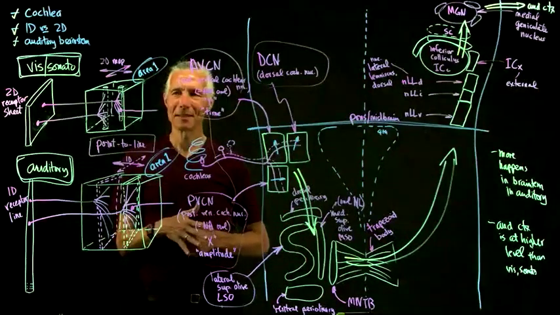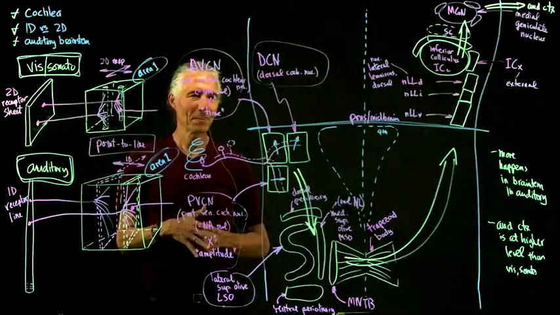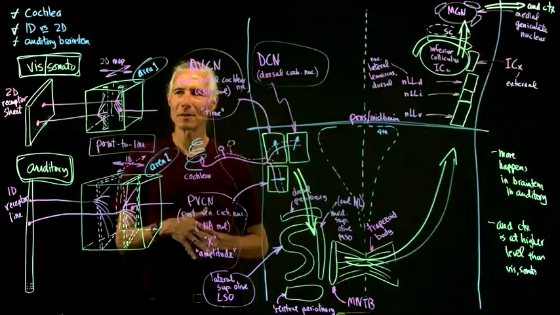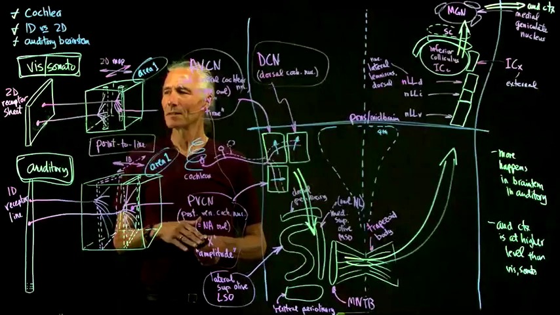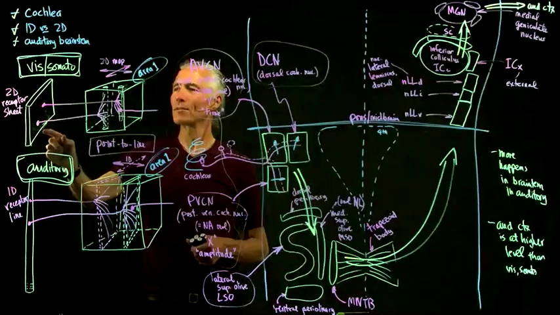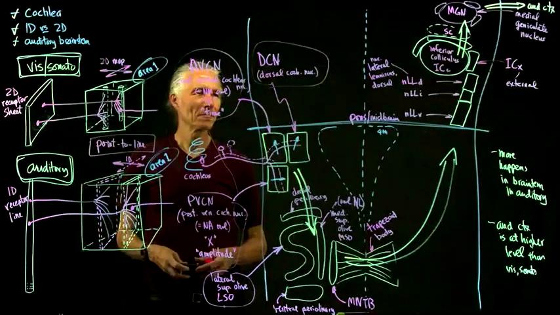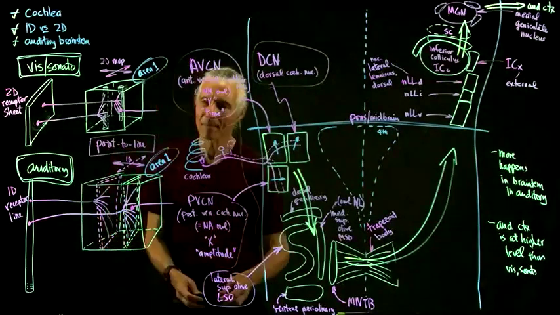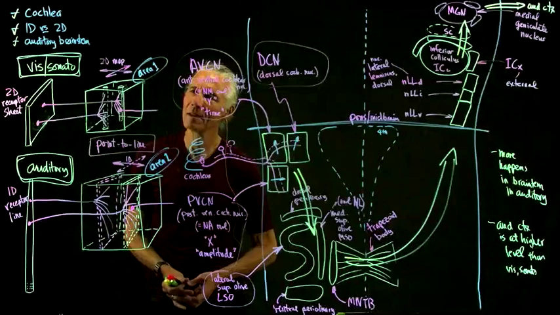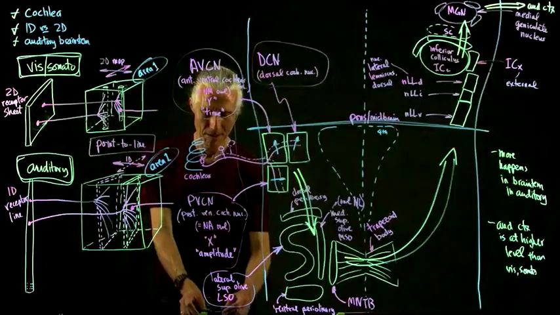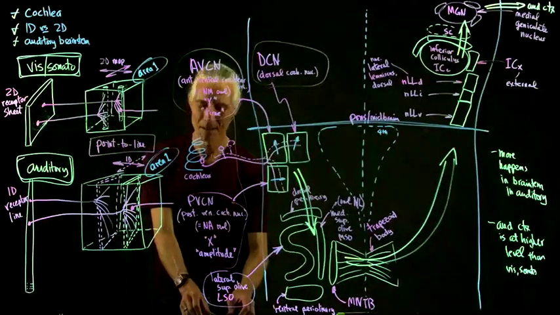Okay. Any questions about auditory? So 2D versus 3D, 1D versus 2D made sense. So just want to understand basically the pathway and the main components, right?